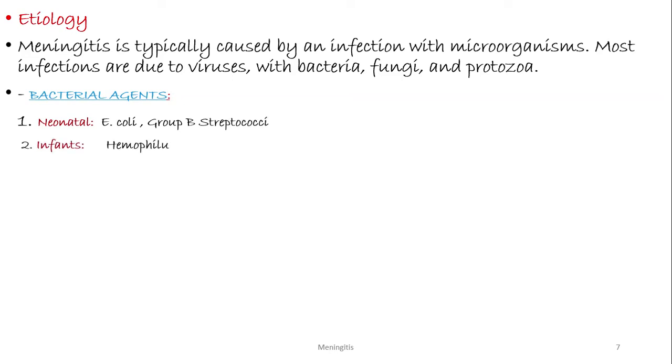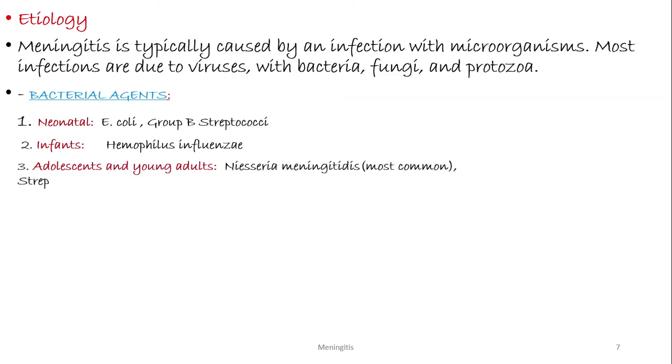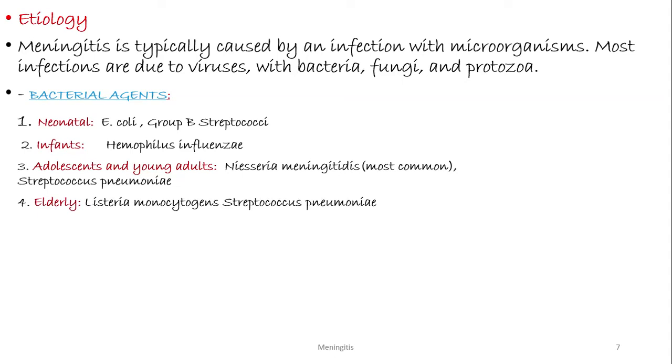In infants, the reason is Haemophilus influenzae. In adolescents and young adults, the responsible agents are Neisseria meningitidis, which is the most common cause, and Streptococcus pneumoniae. In the elderly, the cause is Listeria monocytogenes and Streptococcus pneumoniae.